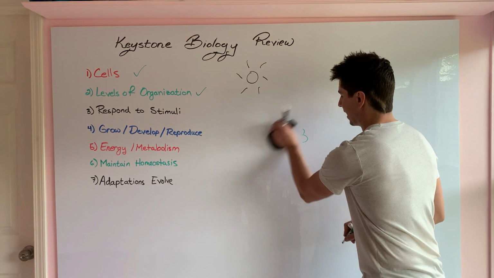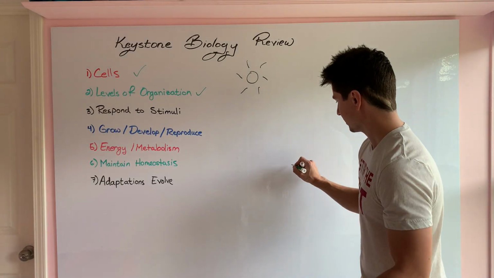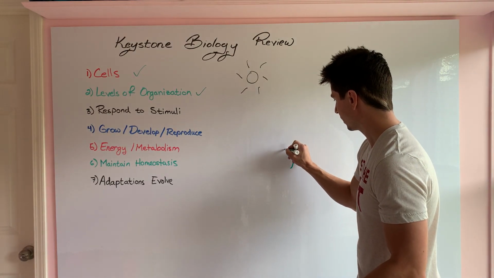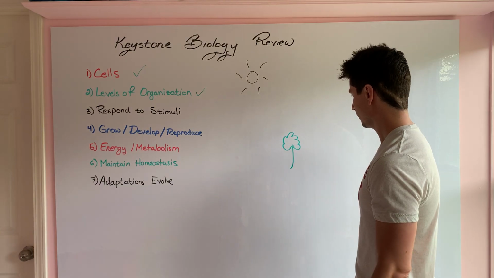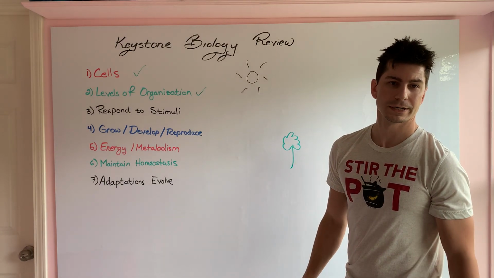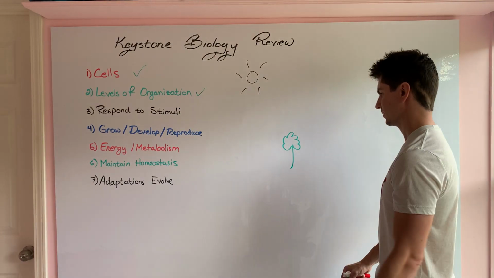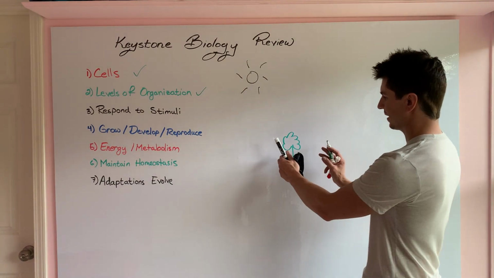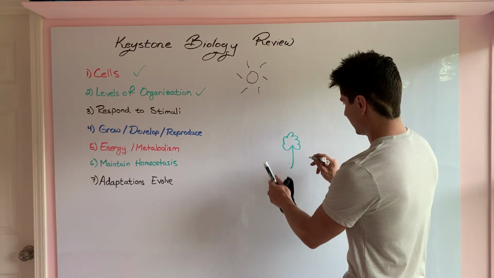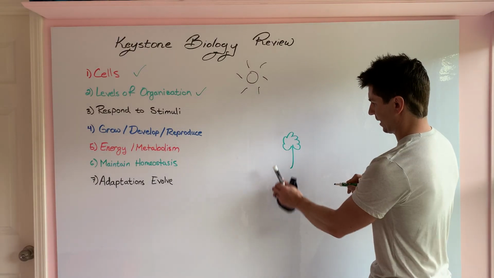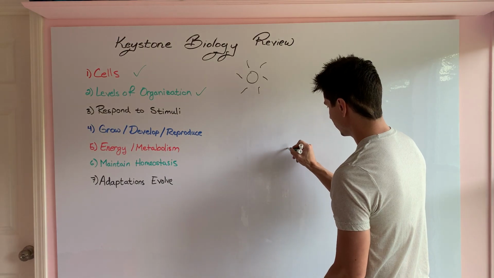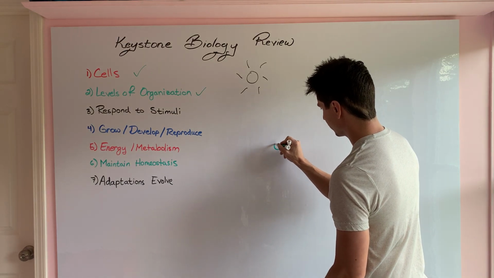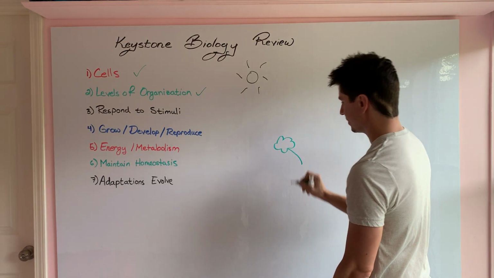If we want to talk about flowers, sorry guys, I am no artist here. I apologize, I can't draw flower petals. But anyway, what a flower can do, guys, so take a mental image of that horrible picture there, is it will actually bend toward the sun.